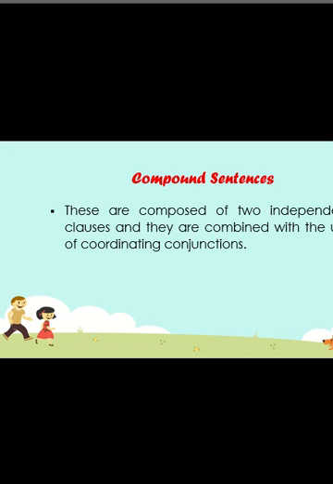When you say compound sentences, it is combined with two independent clauses. Independent clauses can stand alone. It has a complete meaning. Tama ba? Pag independent clause, it has a complete thought and meaning. And they are combined with the coordinating conjunction.